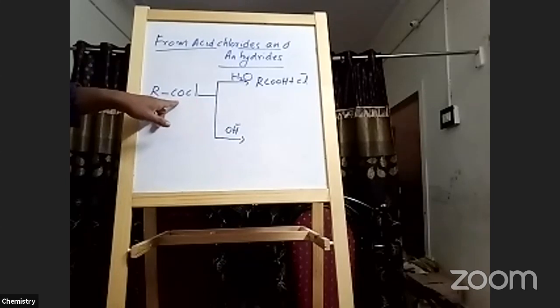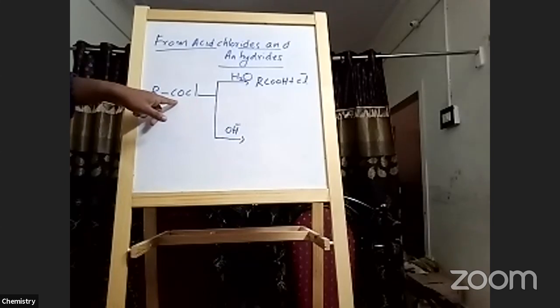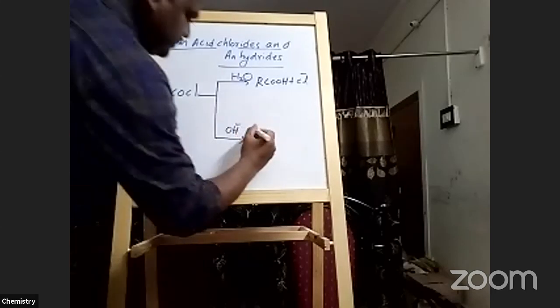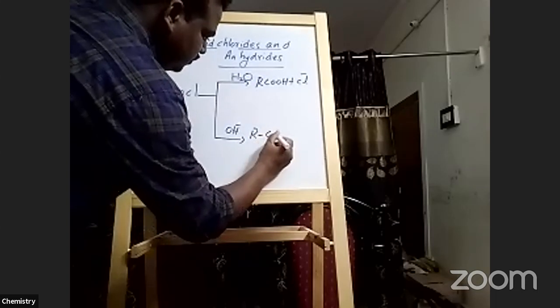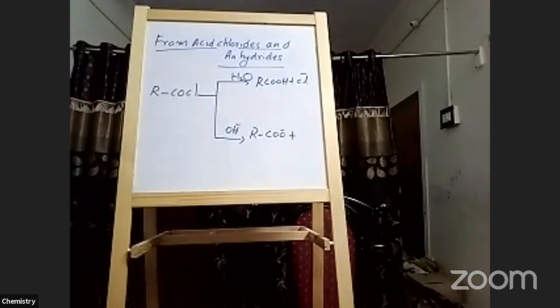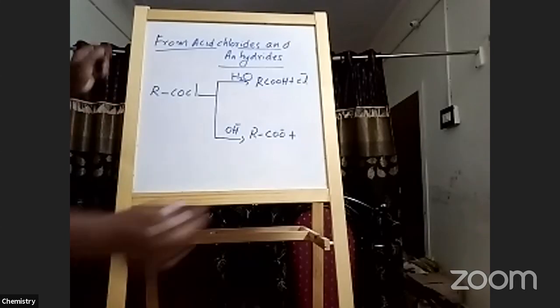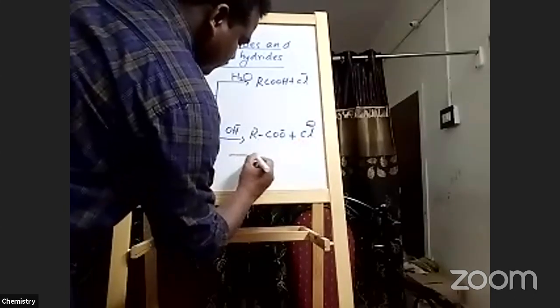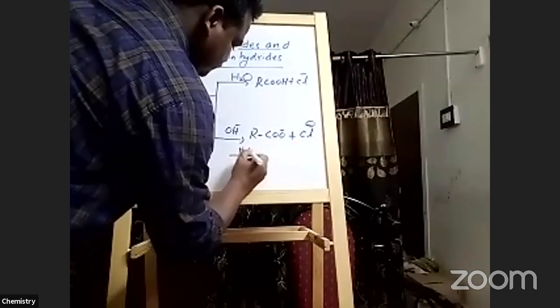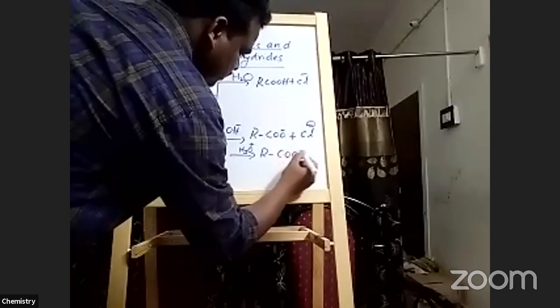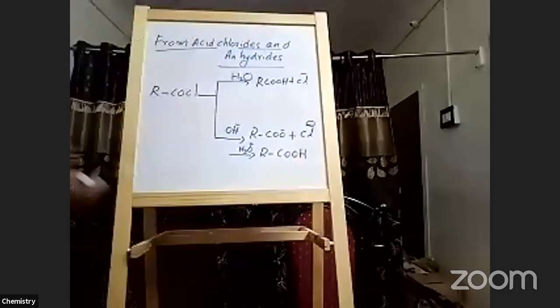OH is adding to CO, so the carboxylate ion forms first, RCOO minus plus Cl minus, and on further hydrolysis with H3O plus, this produces RCOOH. So this is the preparation.